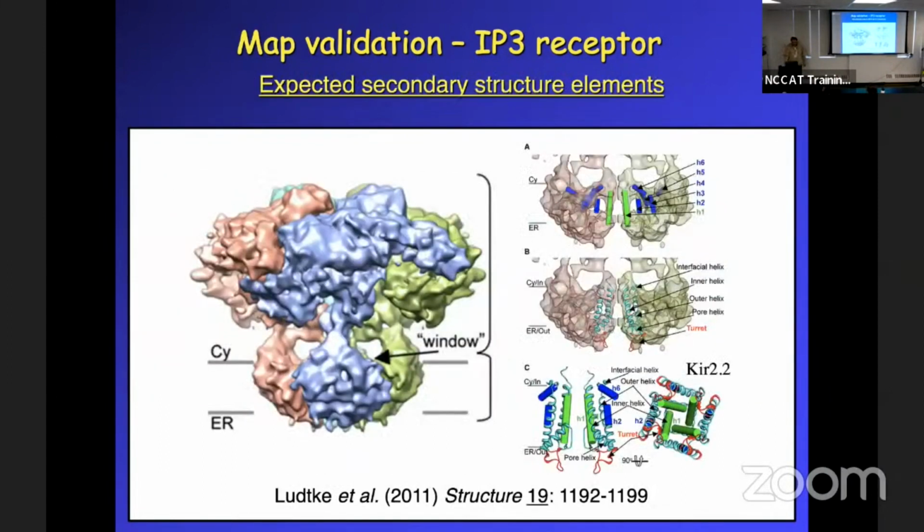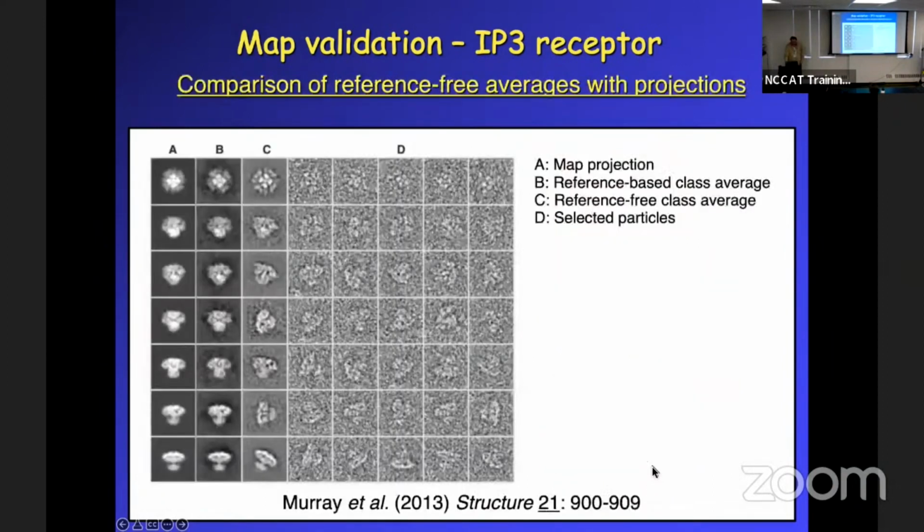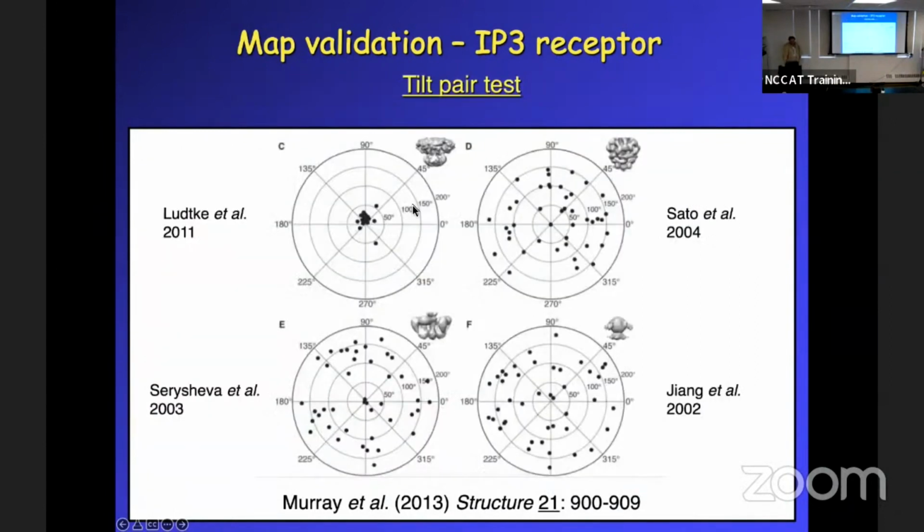So they made sure that they could see secondary structure elements that should be alpha helices, using the potassium channel as a guide. They obviously looked at references, reference-free and template references, with reprojections from the map and single particle. That worked out. And then they looked at the tilt test of all these different structures.